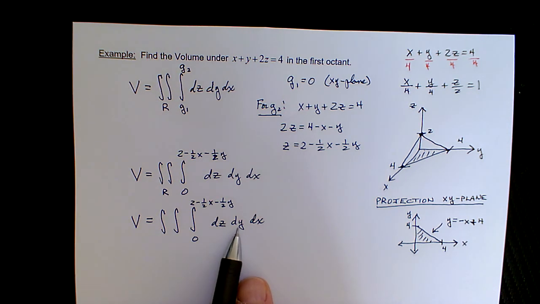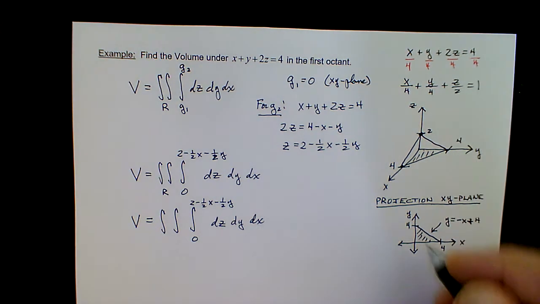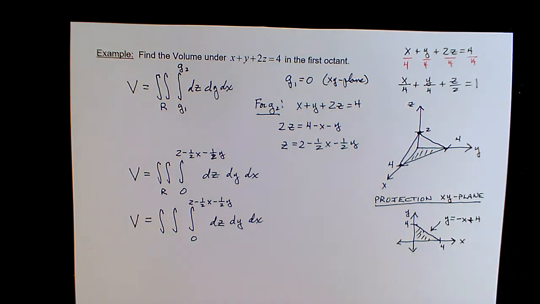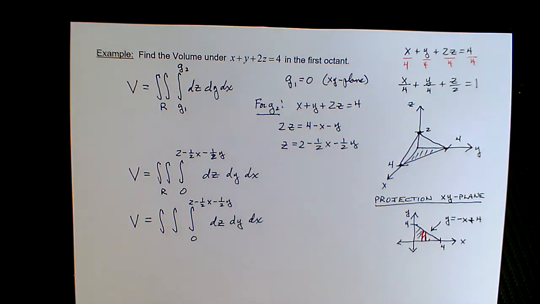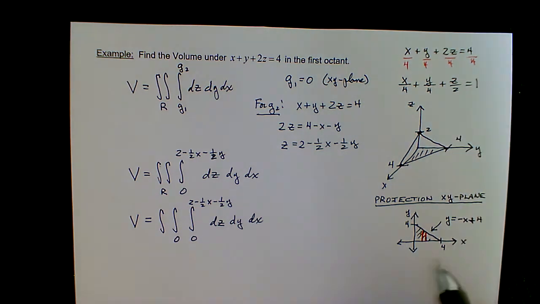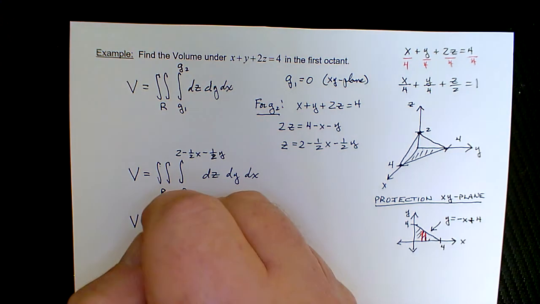So if you consider vertical strips here in the projection region, where x is going to be fixed, because x is the outer, and if you consider little vertical strips, y is ranging from 0, so that's the x-axis, to that straight line, minus x plus 4.